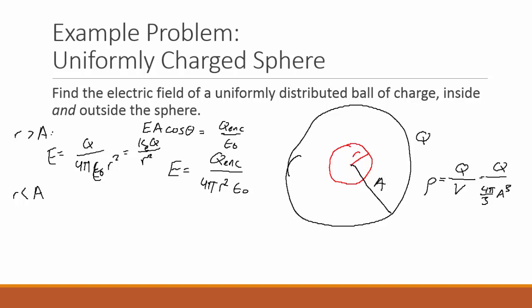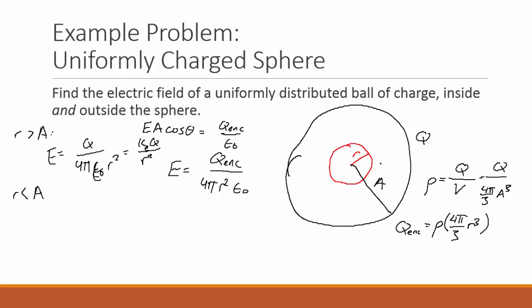So, in this case, the total charge enclosed is going to equal the density times the volume of this smaller sphere. And the volume of that smaller sphere is going to be 4 pi over 3 r cubed.